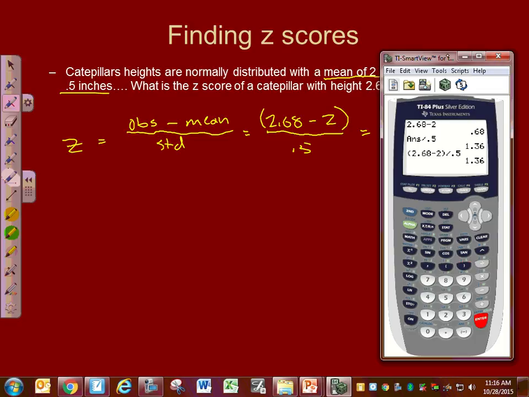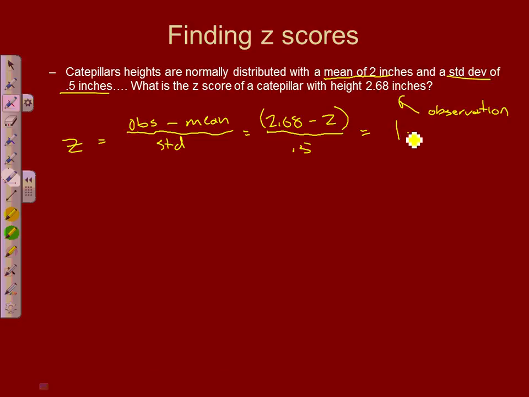Okay? We get 1.36. That means this caterpillar dude is 1.36 standard deviations greater than the mean. That's what it means. That's how far away he is from the mean.